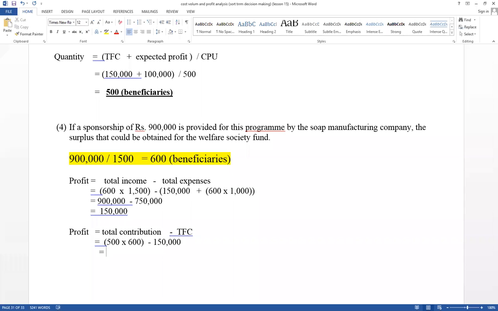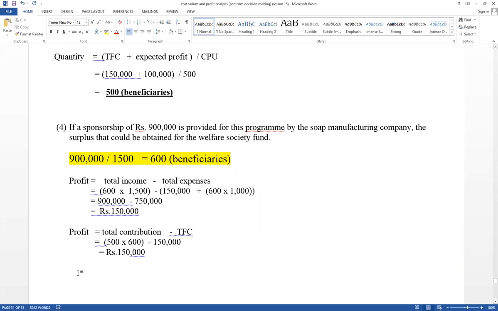500 into 600 equals 300,000, minus 150,000 rupees. Therefore profit equals 150,000. It was given that if sponsorship of 900,000 rupees is provided for this program by the soap manufacturing company, the surplus obtained for the welfare society fund is rupees 150,000.